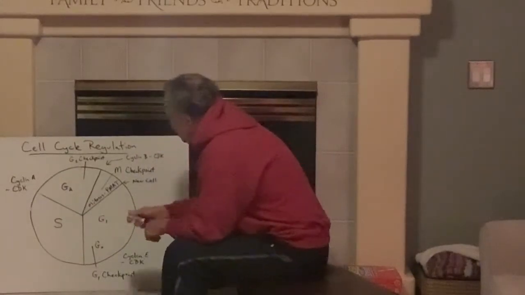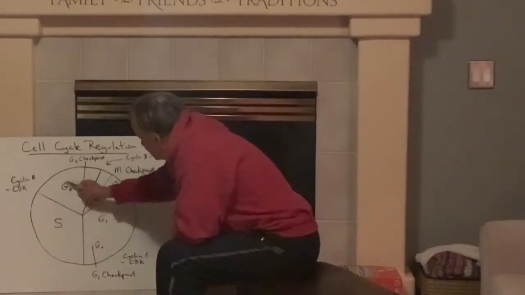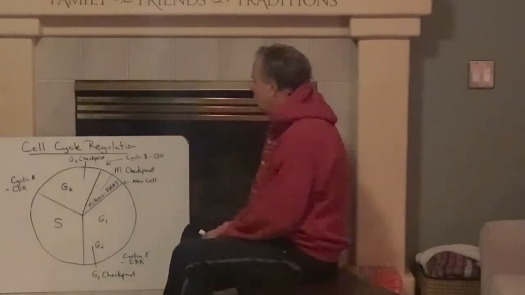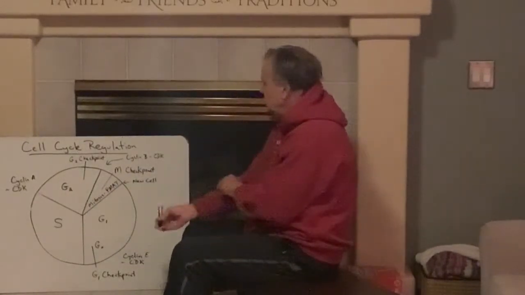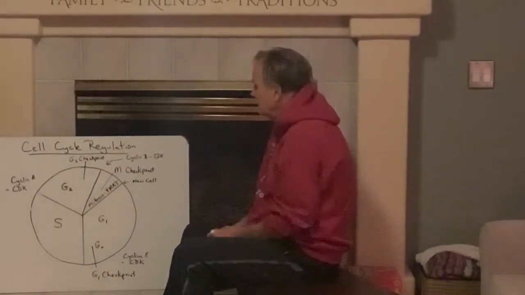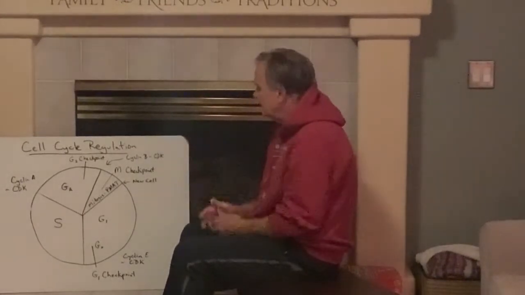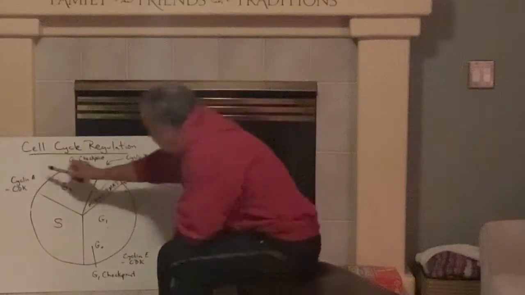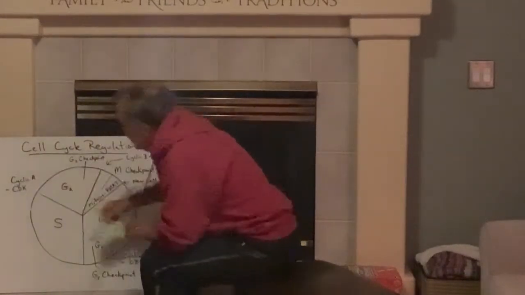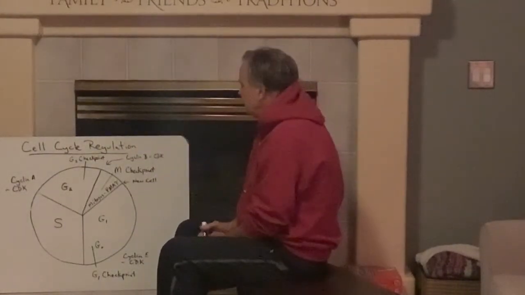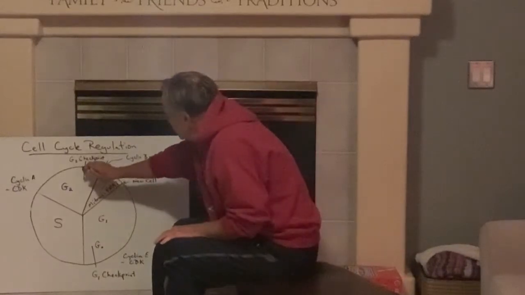Then we move into G2, which is prep for just before the cell division. So in G2, you're going to have the preparation aspect. Chromosomes are going to start to condense. Again, there's another cyclin-CDK enzyme activation. Then it gets to this G2 checkpoint.